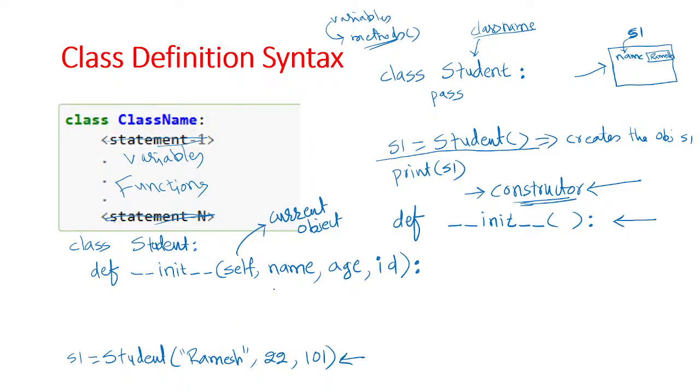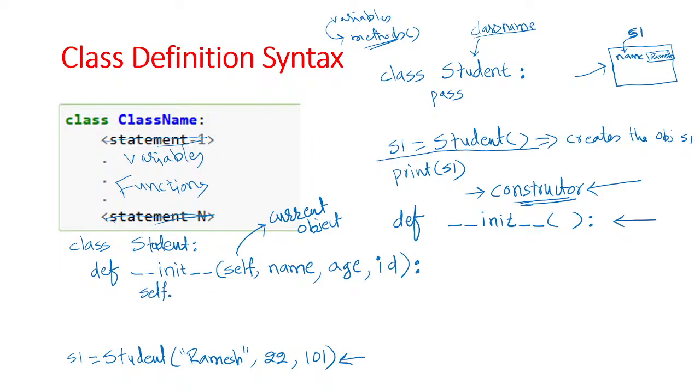These three values will be passed into the name, age, and id parameters. Now those values you should assign to the attributes, so you can write them directly here.